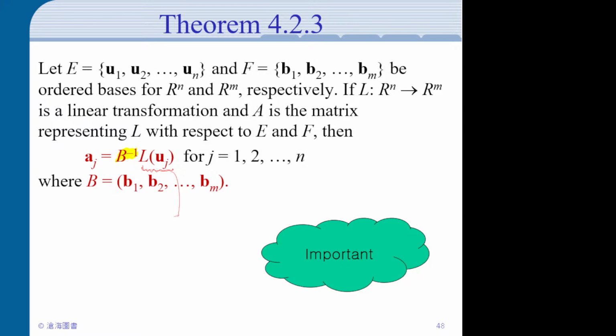Because remember, if we want to change coordinates from F to the standard basis, you just multiply by this matrix, and if you want to do the inverse transform of the coordinates, then you apply this inverse matrix. So this L of Uj is the coordinate in F.